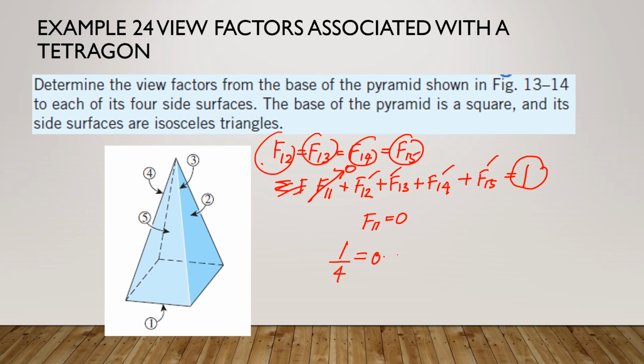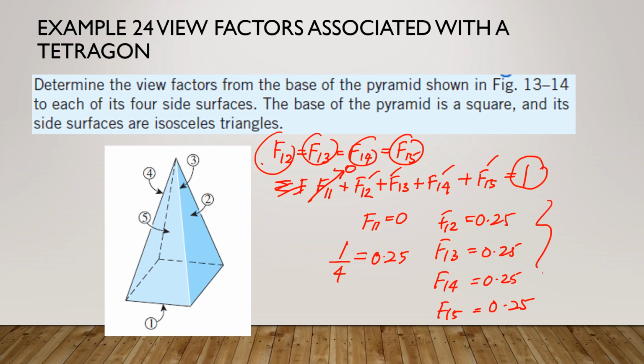So F12 is 0.25, F13 is 0.25, F14 is 0.25, and F15 is 0.25, since all of these are symmetric. That is the symmetry rule. Okay, that's all for the symmetry rule. Thank you.